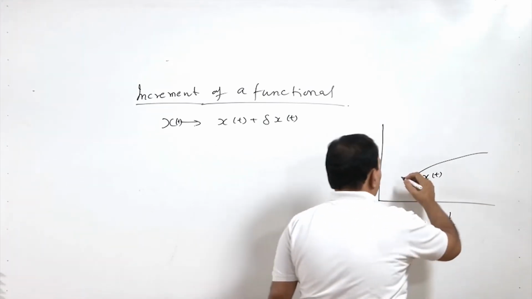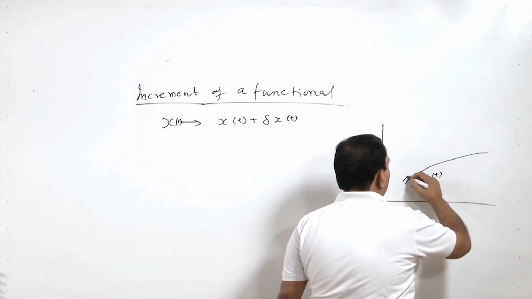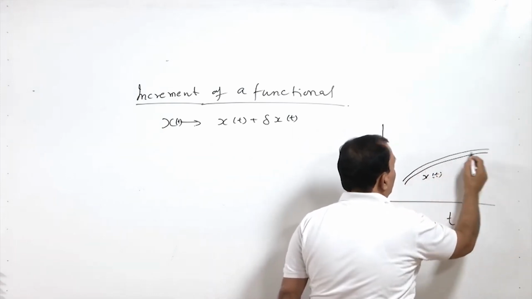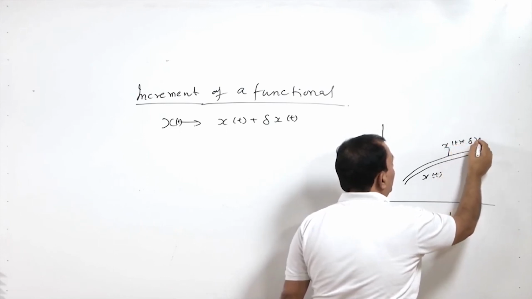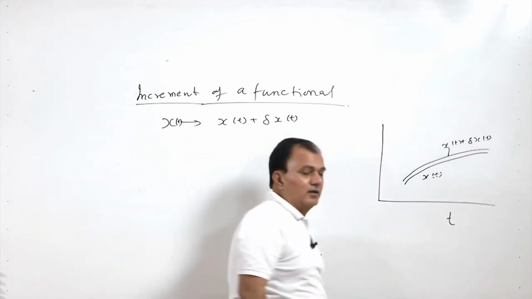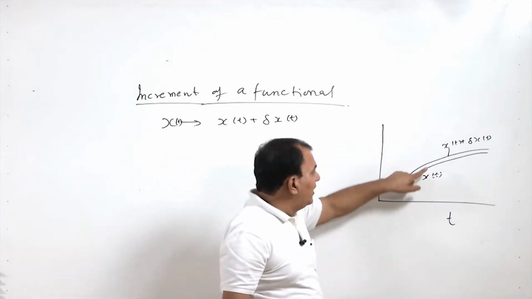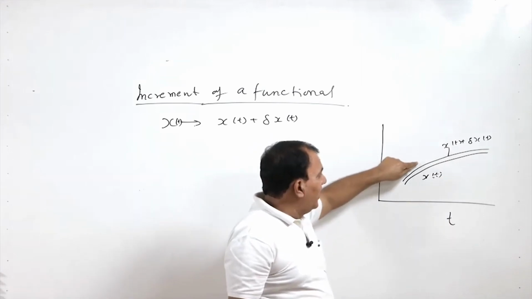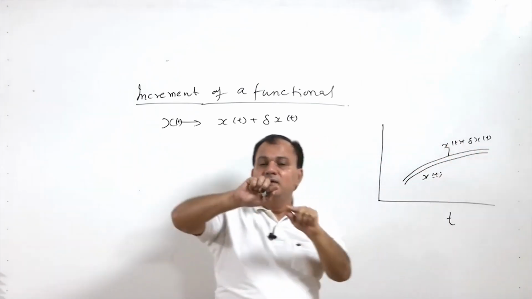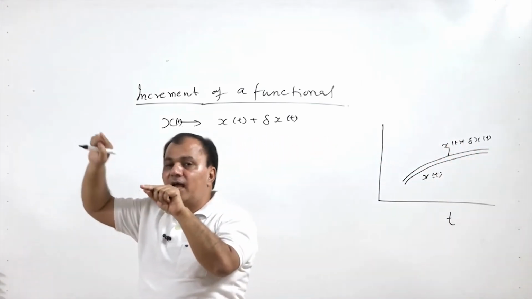And this is say my x(t) plus delta x(t). So if my x changes by any small amount, then x plus delta x, at each instant of time there is a change.